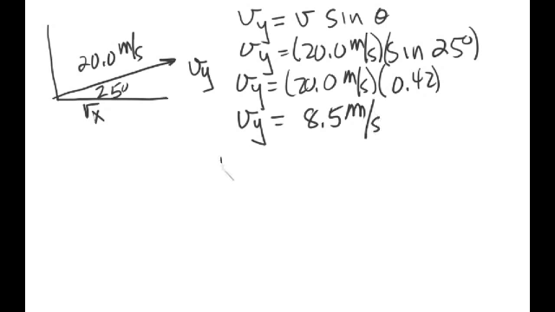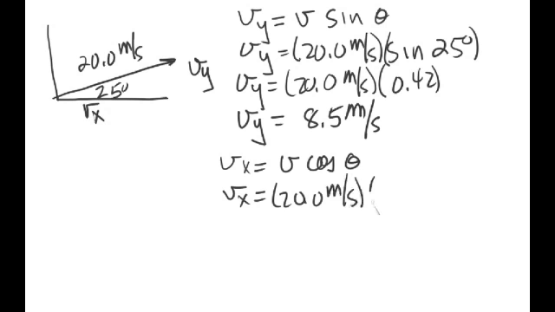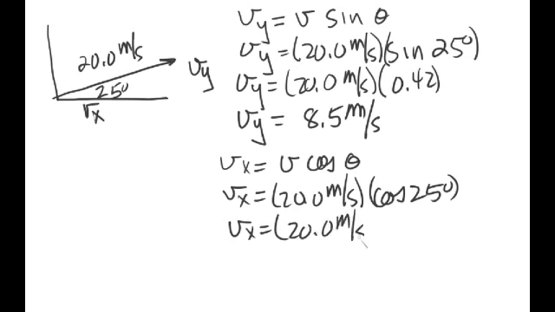V sub x is found in a similar way, just using the cosine function. Cosine theta, v sub x equals 20.0 meters per second, cosine 25 degrees. V sub x equals 20.0 meters per second times 0.91, the value of cosine of 25 degrees.